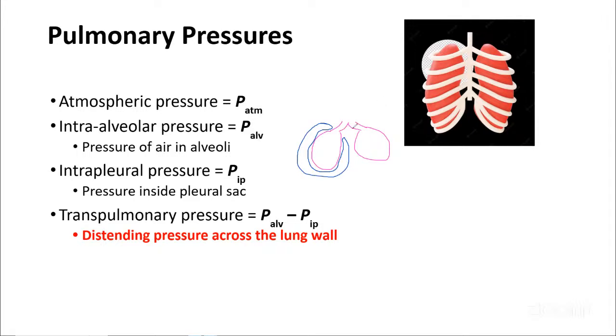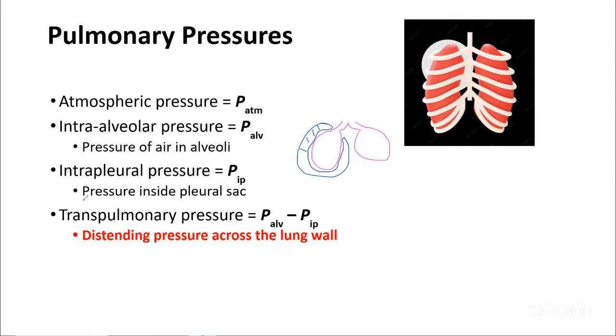And we need a pressure here in our pleural sac in order to make sure that the lung follows along with the rib cage as it expands and compresses. So that intrapleural pressure is going to allow that lung tissue to follow the chest wall, even though it's not directly attached with a lot of ligaments.